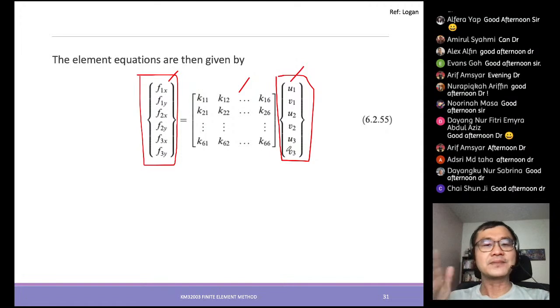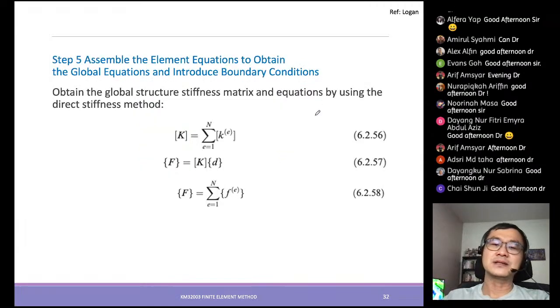If we know the forces or the load acting, then we will get the displacement. Based on that, we can combine or assemble them together into a global stiffness matrix using the direct stiffness method.